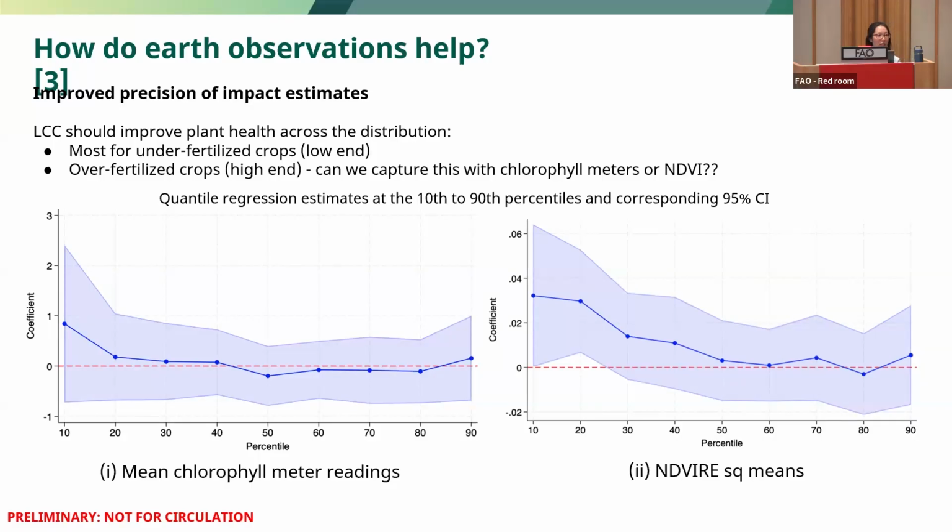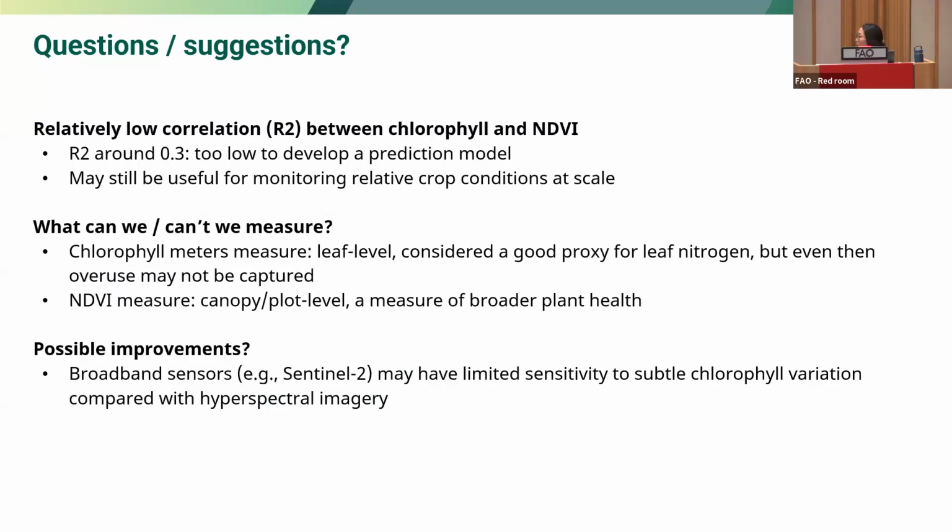It may be that this reflects a true absence of treatment impact among overusers, but I think the question is whether these are the appropriate measures to pick up small movements in overuse. Would love to hear the feedback. We just jotted down some questions for open discussion, but we'll maybe come back to this at the end of the session.